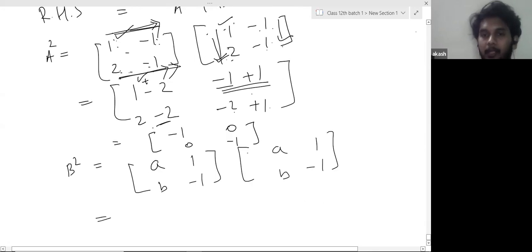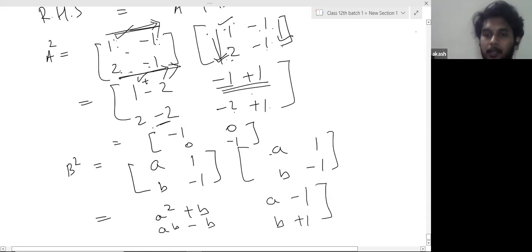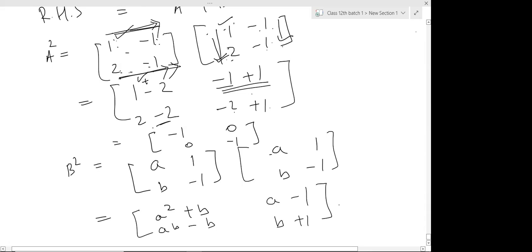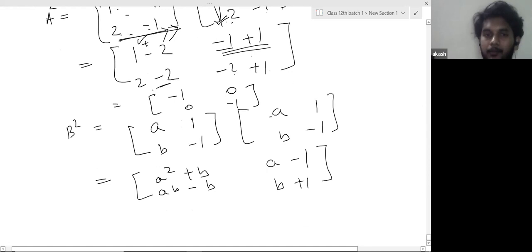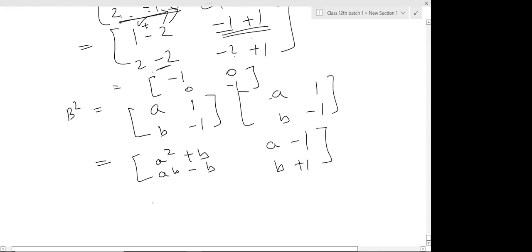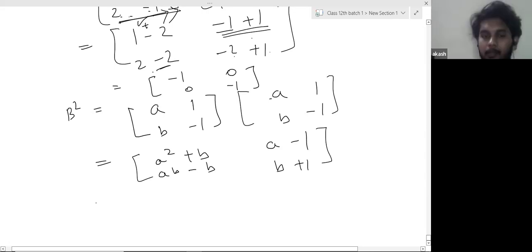So this is a square plus b, now ab minus b, and this is b plus 1. Any doubts, Shekhani? No, sir. No. All right. Now we can write the equation. You have to do A square plus B square.